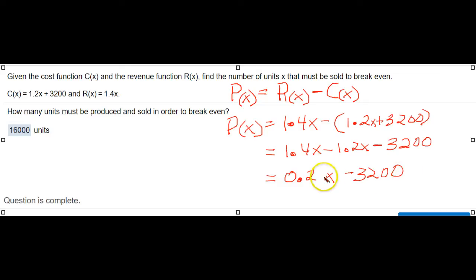Now, as we build up this number of x, with a certain number of products sold, we know if we put in there 16,000, it would cancel us out. So when would you start making a profit? Well, it would have to be more than 16,000. Gotta watch your zeros.